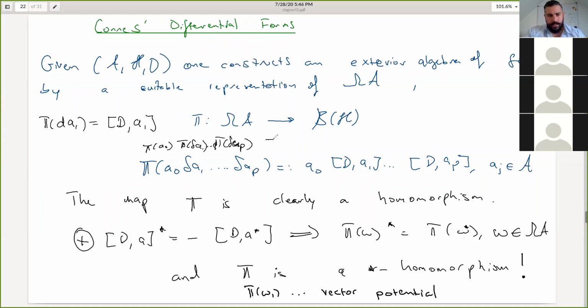And this is equal to A0, then pi of delta A1 is the commutator of D with A1, and so on. It is also a star morphism: if you take the star, pi of omega star is equal to pi of omega, star. What we usually call pi of omega 1, we call a vector potential. So if you have a one form and you take the representation of that, that is called a vector potential.